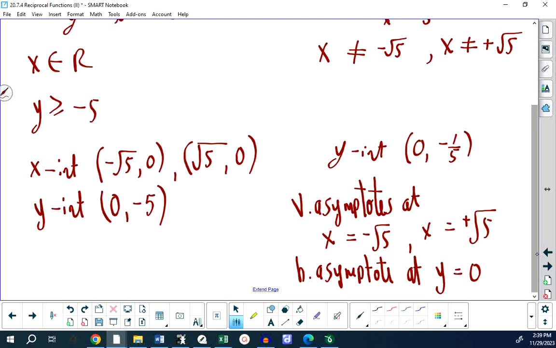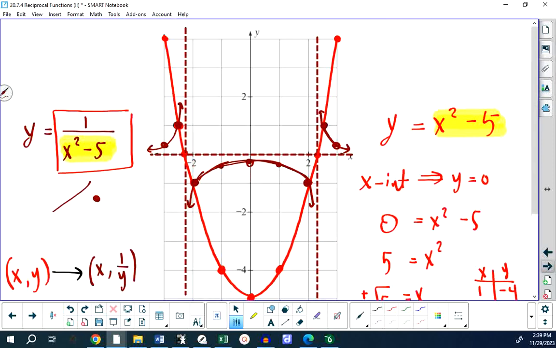And lastly, the range. That's a tough one. And I really don't care too much about the range, but we're here. Let's talk about it. What is the range? It's not y as any real number, because there are values in this region here where the graph doesn't exist.